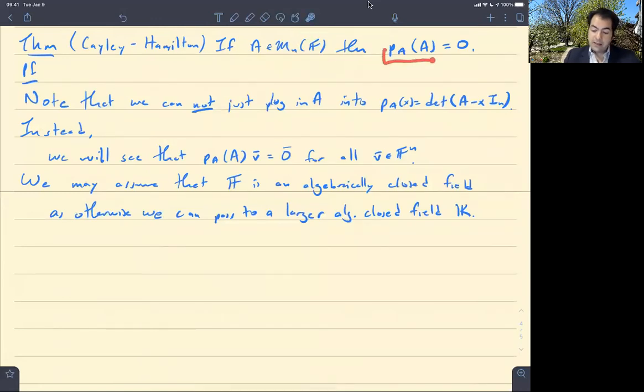And then this expression, if it's 0 as a complex matrix, it's also 0 as a real matrix. So showing that this is equal to 0 in the algebraically closed field guarantees that it's 0 as a matrix with coefficients in the smaller field. So we may as well assume that we're working with an algebraically closed field.